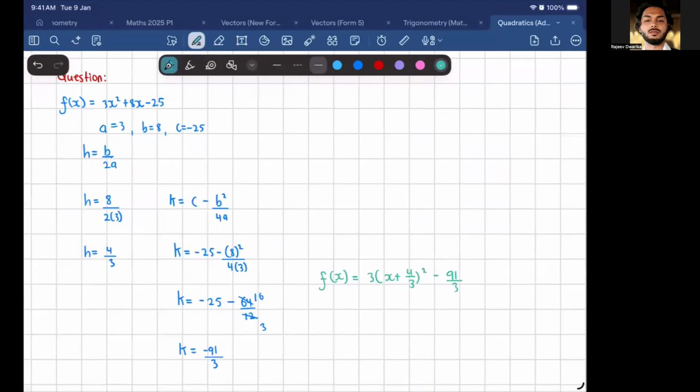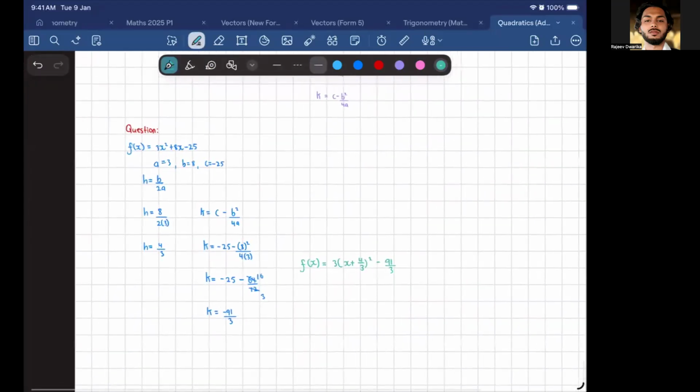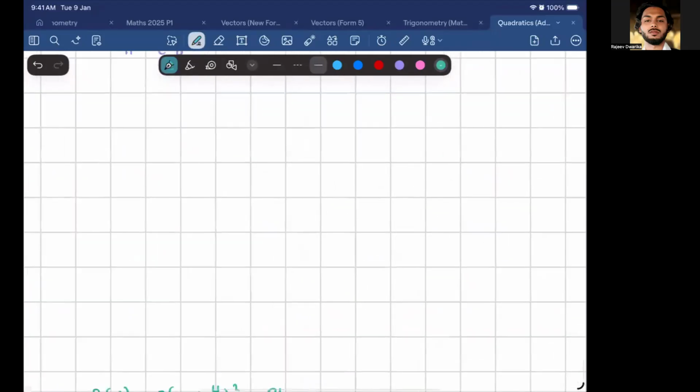No, that would not work out. Wait, I could send you the lesson that she taught us because she has it in a document. Wait, let me check something out. 3x plus 8 squared minus 25.